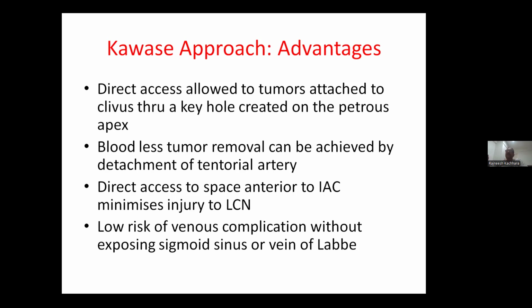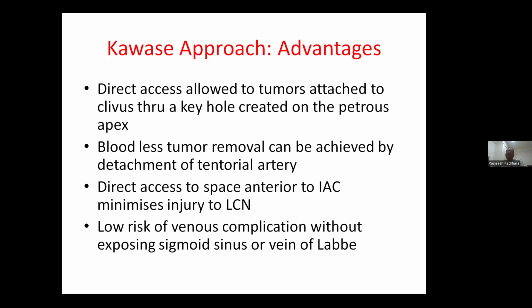Bloodless tumor removal can be achieved by detachment of the tentorium, this is very important. The tentorial artery is in direct view. This is the biggest advantage because many of the meningiomas are extremely vascular because of the tentorial feeders, but in this case you can control the tentorial feeders in the very beginning before you start decompressing the tumor. You can devascularize the tumor and then excise it completely.